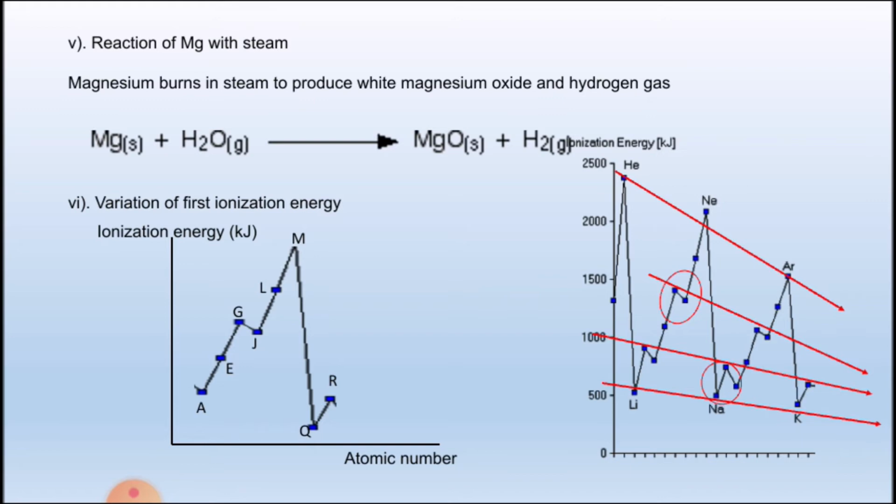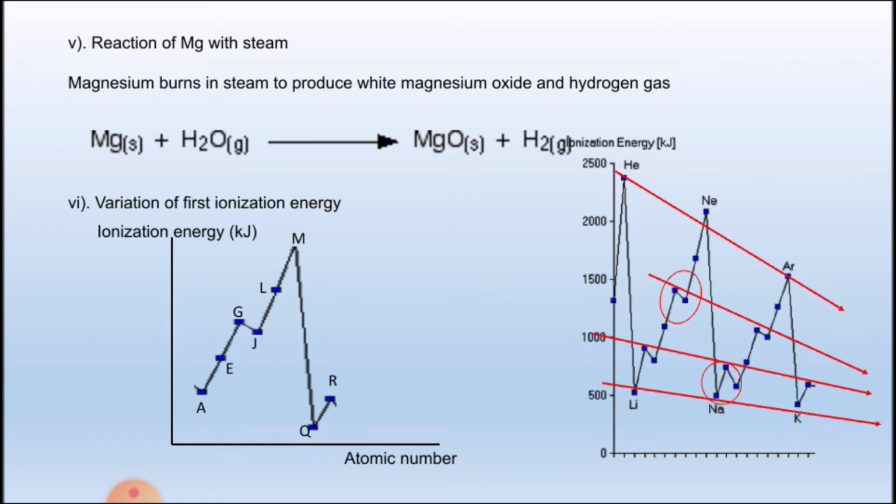Here you can see these two circles, which show the ionization energy values of nitrogen and oxygen, and also of sodium, magnesium, aluminium. From this you can get an idea that in these positions, elements belonging to group 2 and group 5 also show intermediate peaks.